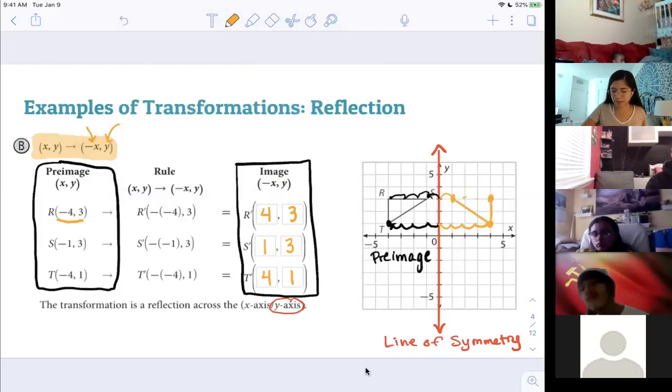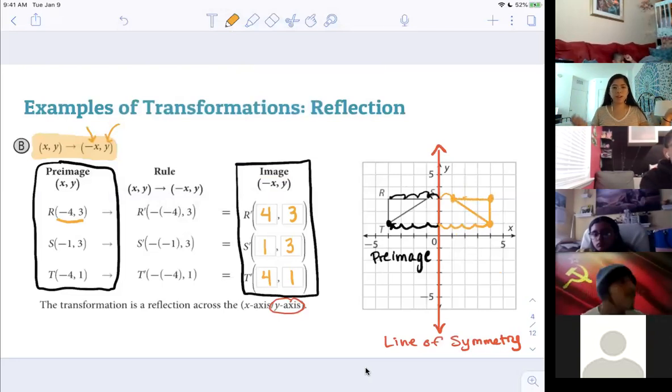And I came up with the same exact thing I had before. So a reflection, the line of reflection tells you exactly what to do on the other side of it. When you look at the left side, you count how many units away you are from the line of symmetry. You're going to copy and paste that on the right side. Does that make sense?